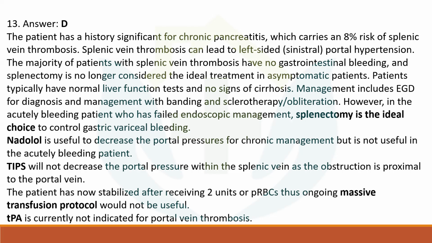The patient is now stabilized after receiving 2 units of PRBC, thus the ongoing massive transfusion protocol would not be useful. TPA is currently not indicated for portal vein thrombosis. So splenectomy was the best choice in this recurrent bleeding in which the first endoscopy has failed.